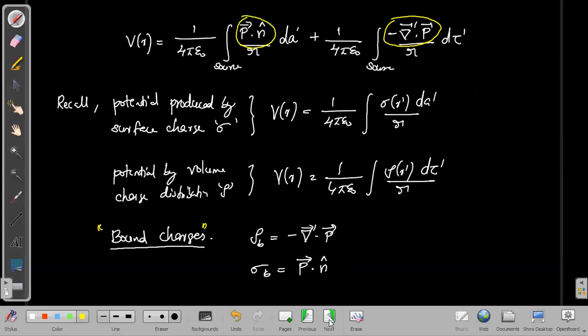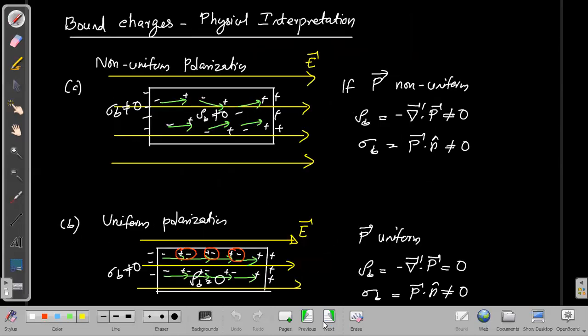So then we can interpret the bound charges. The bound charges are produced due to the polarization. Once you apply the external electric field, the atoms or molecules within the insulator respond to it, and due to that response, there will be some accumulation of charges within the material.